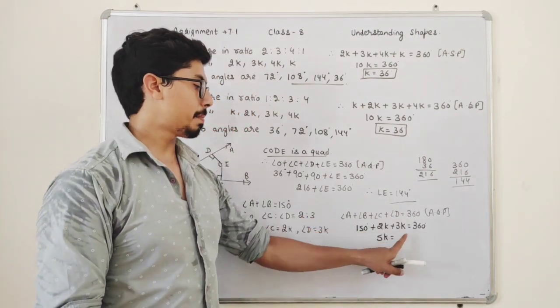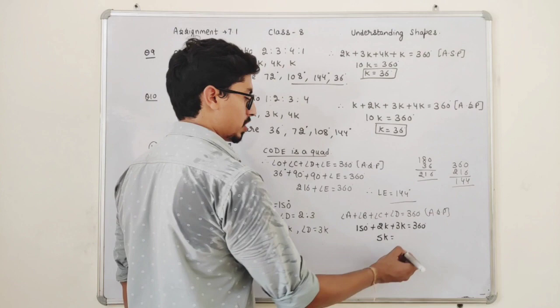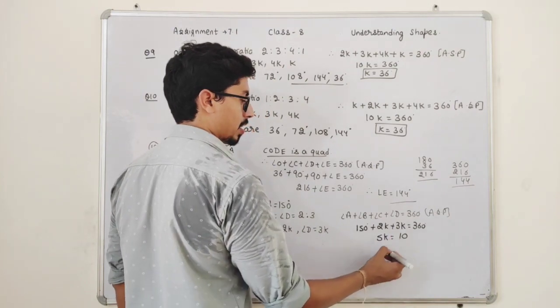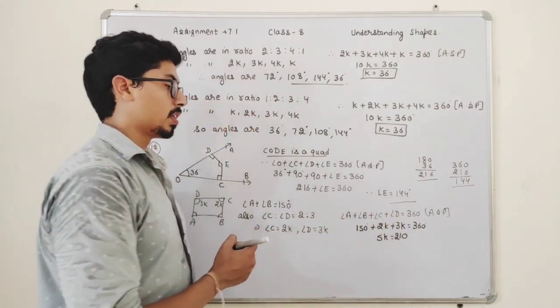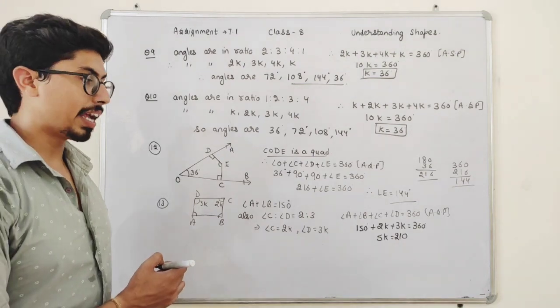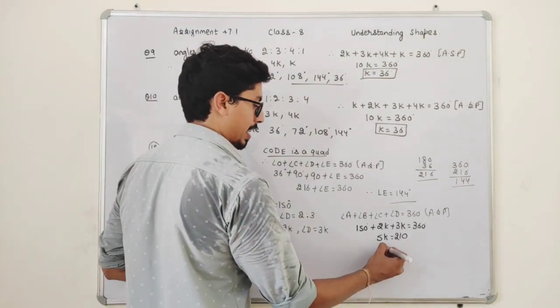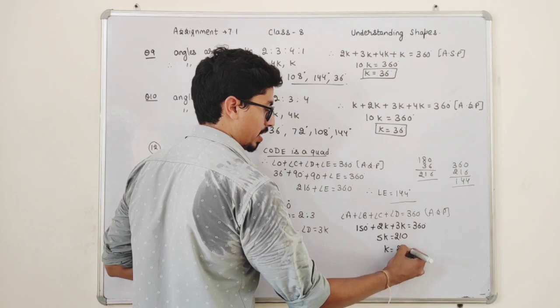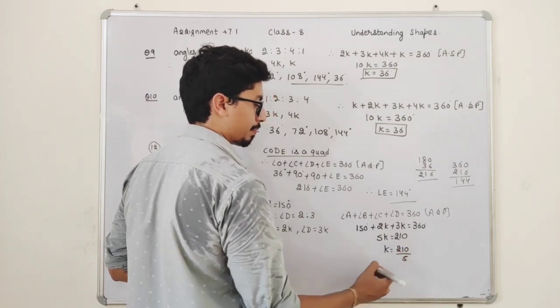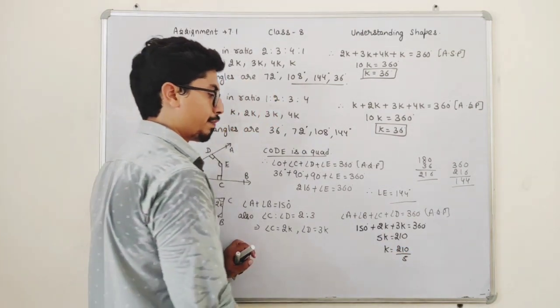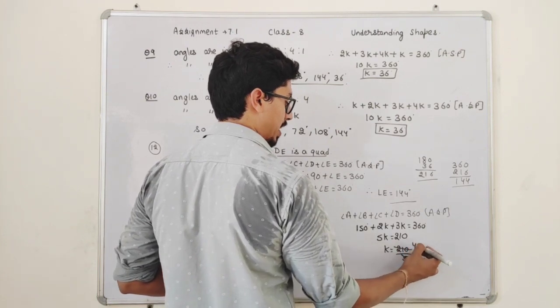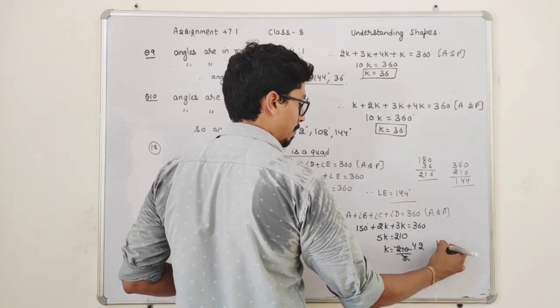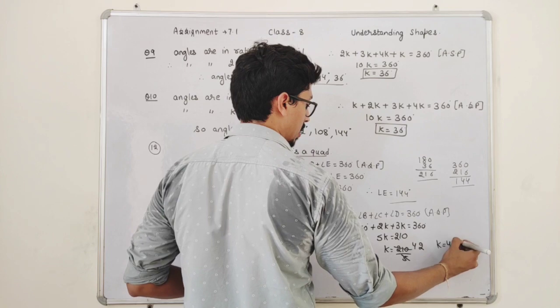So 360 minus 150 will be 210. So k will be 210 divided by 5. So 5 fours are 20, 5 twos are 10. So k will be 42 degrees.